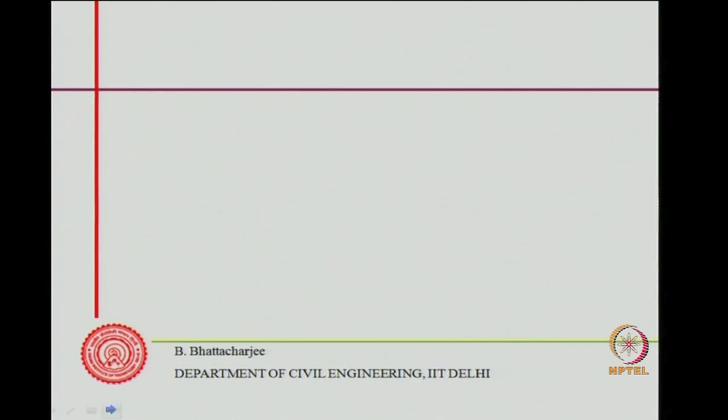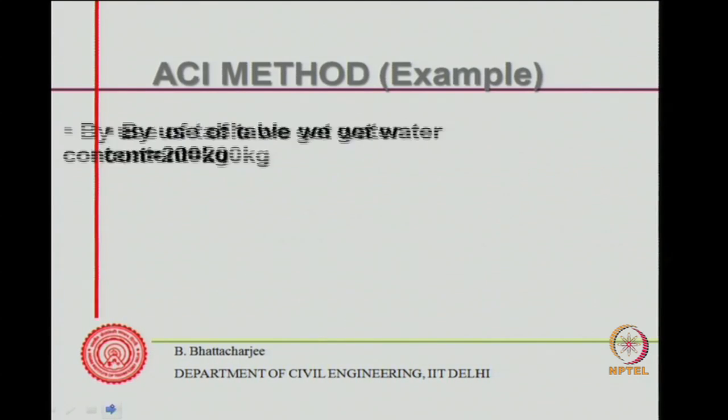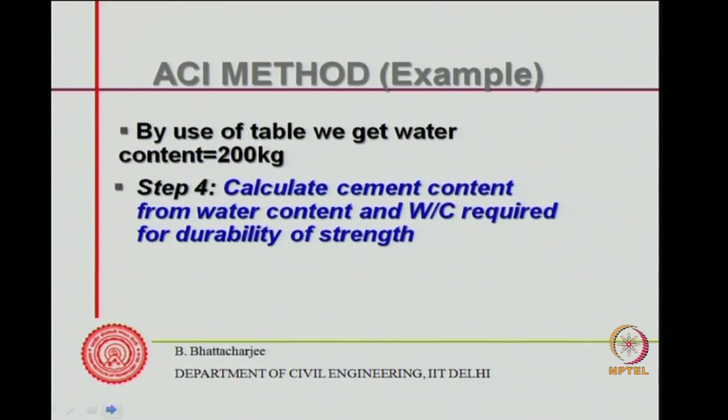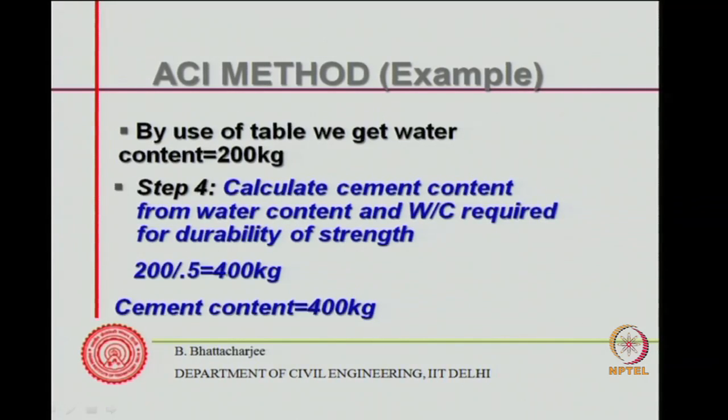Now, we can find out the cement content. The water content was 200 kg. If I take the ratio as 0.5 approximately, for ease of calculation, this will be 400 kg. Let us say my water cement ratio specified for durability is 0.5.